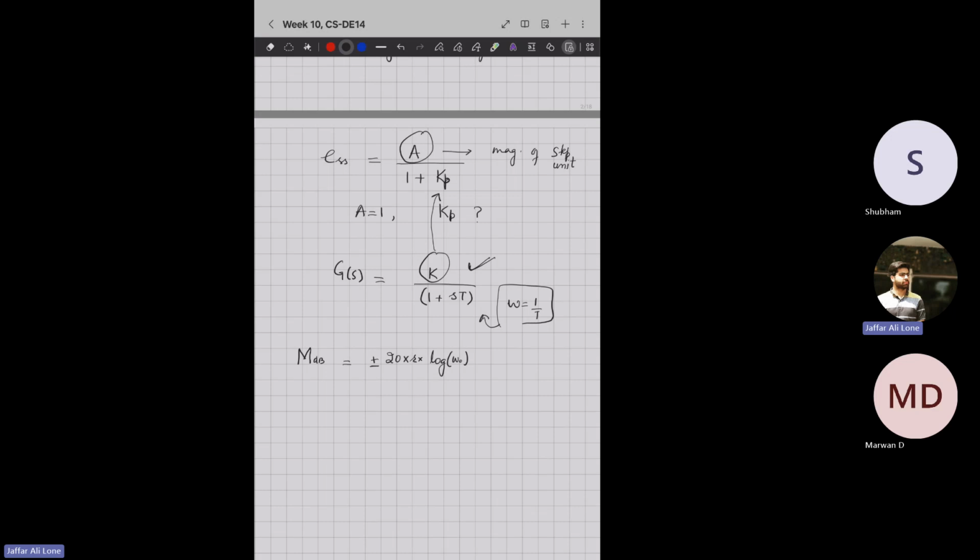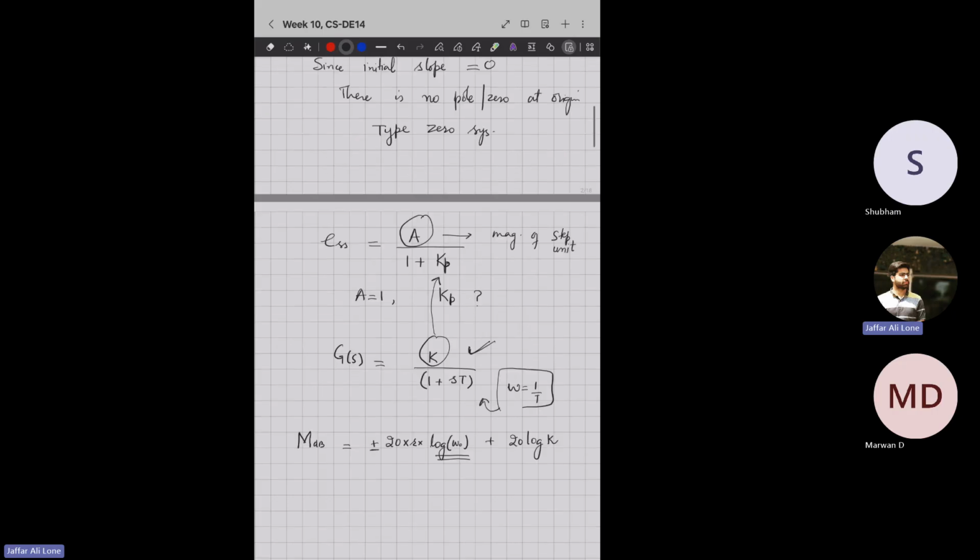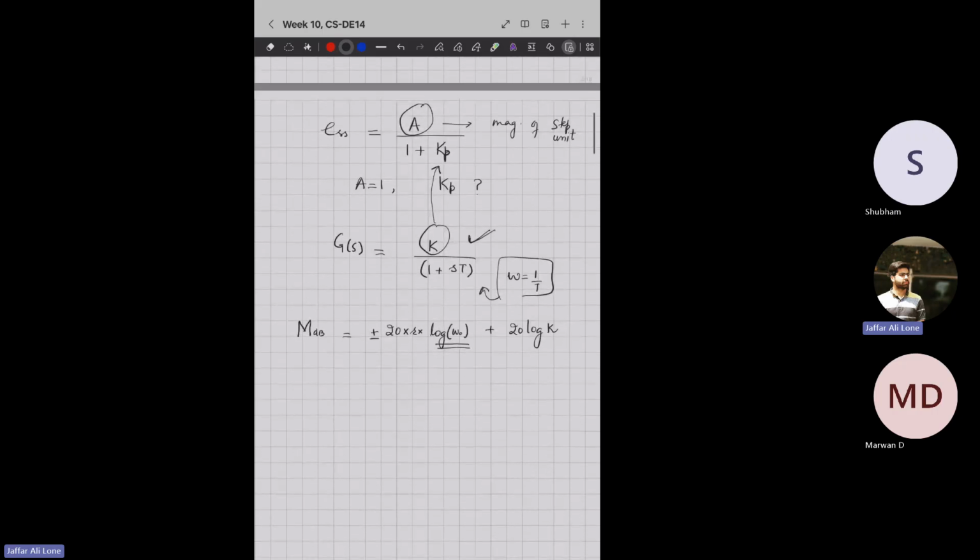Here R gives the number of poles or zeros at the origin, which we discussed in the last week's class.